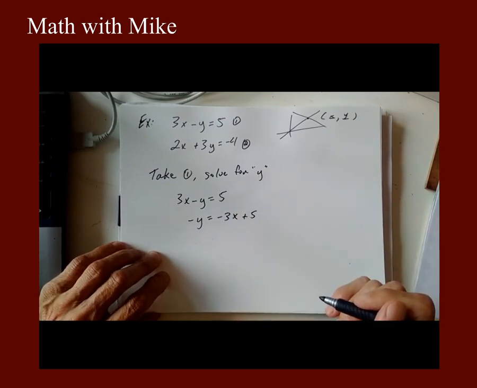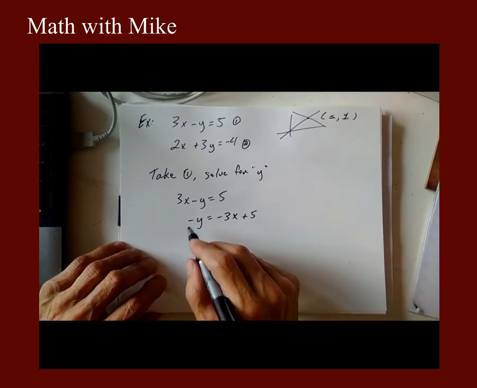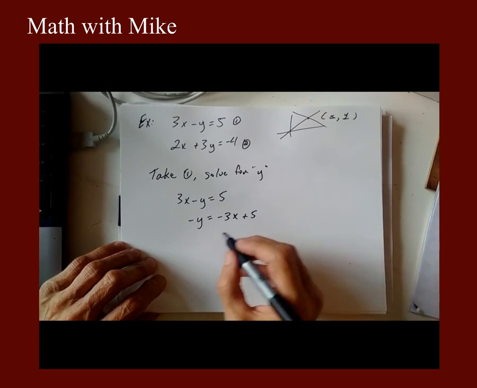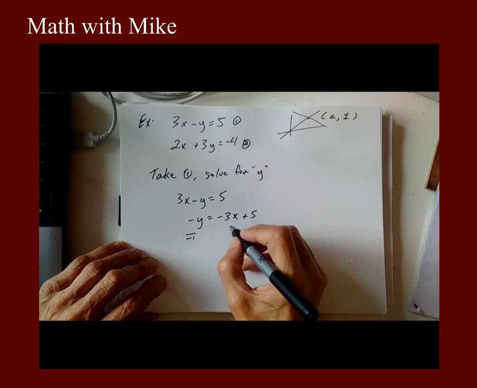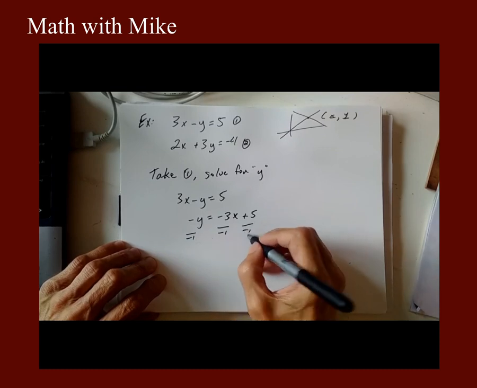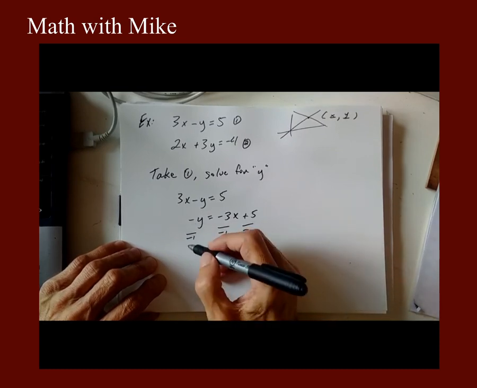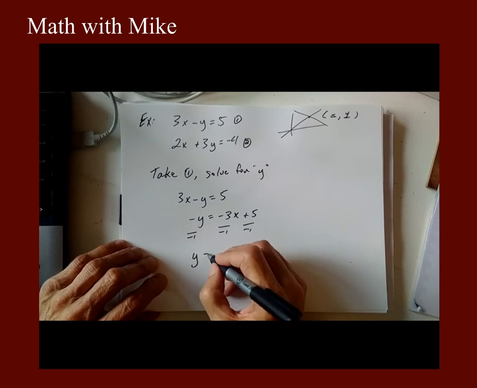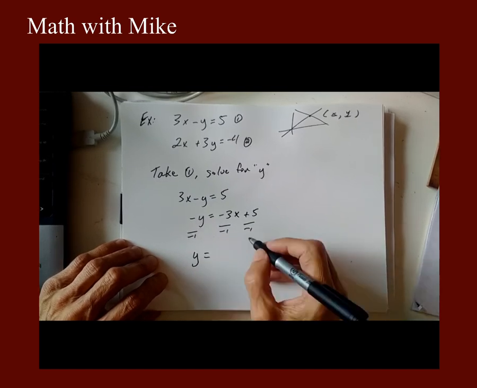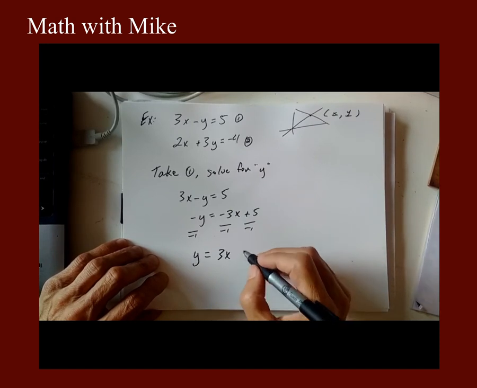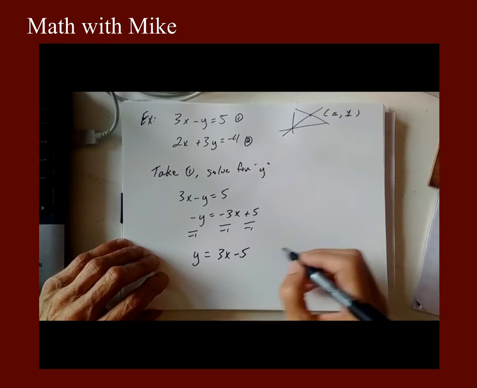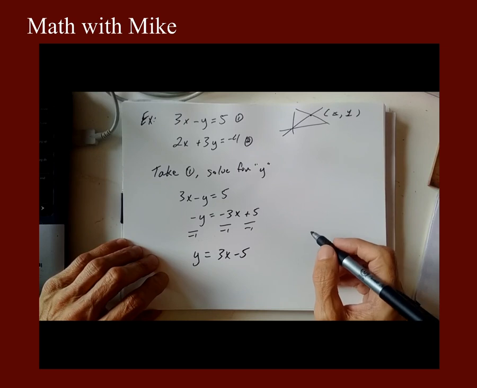Well, we're almost there. We have negative y. We need positive y. So if we divide everything by negative 1, the negative 1 in front of the y will divide out. We're left with 1y, positive 3x, and negative 5.